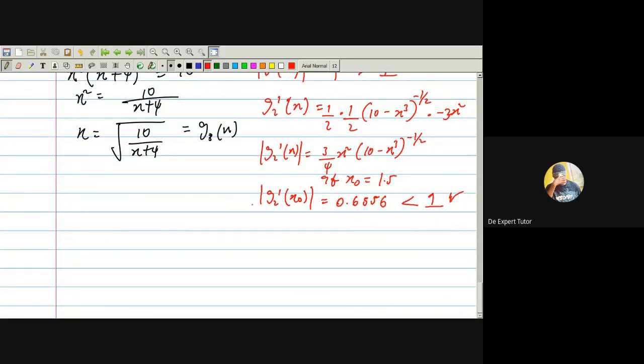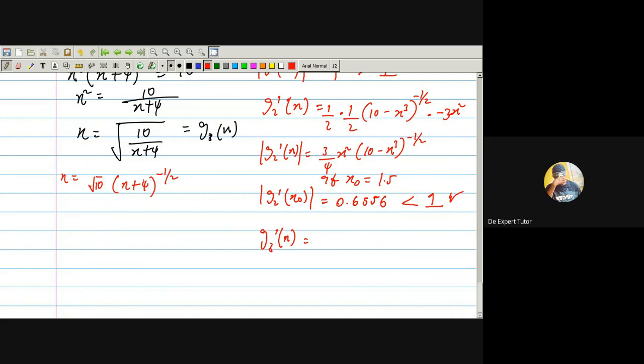Let's test the third one for us to conclude. So g3 prime of x, what will this give us? Looking at this one, I can rewrite it in this form: square root of 10 times x plus 4 raised to the power minus half.